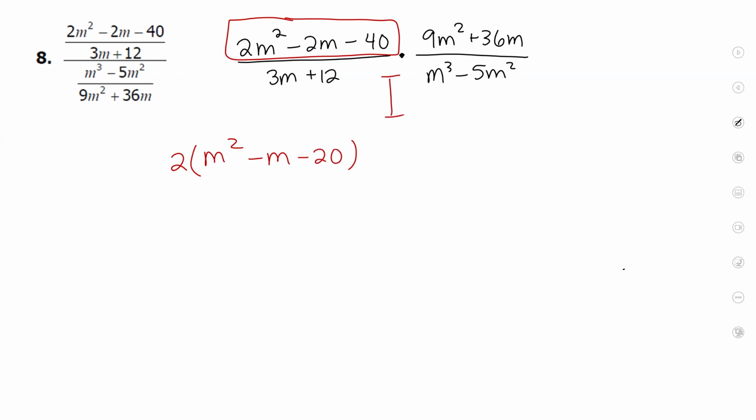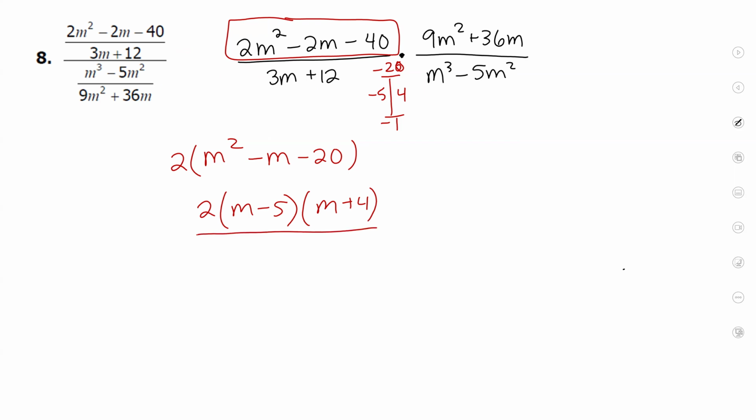I'll need 2 numbers that multiply to negative 20 and add to negative 1. Negative 5 and 4. Perfect. So I can write the numerator as 2 times m minus 5, m plus 4. That's the numerator of the first fraction.